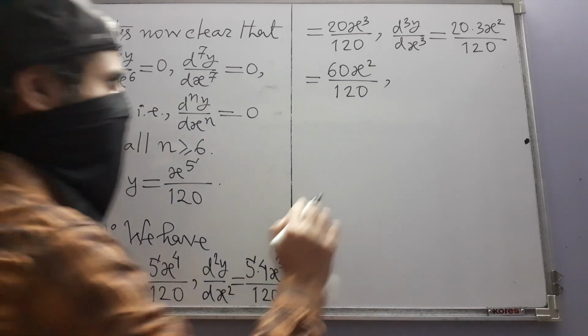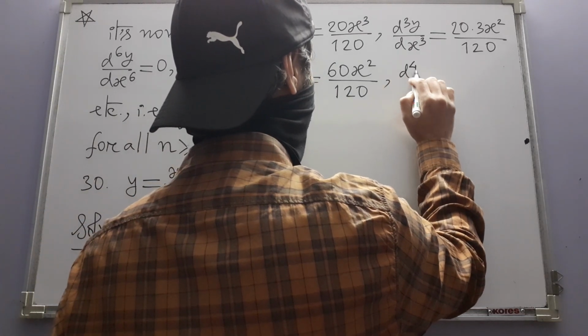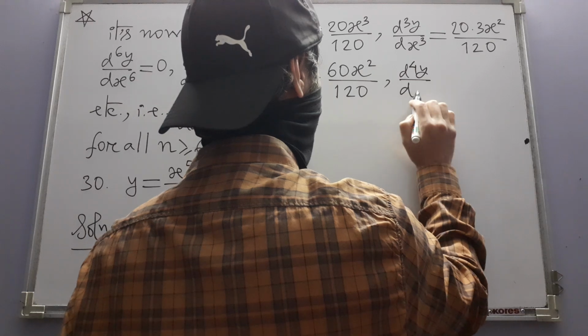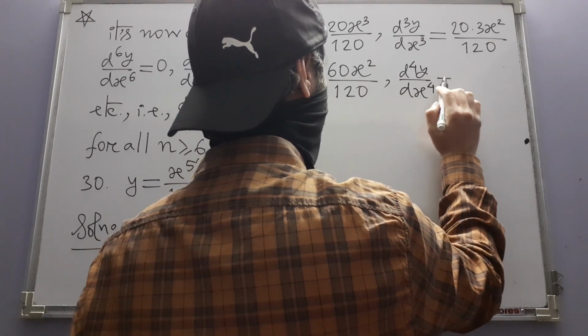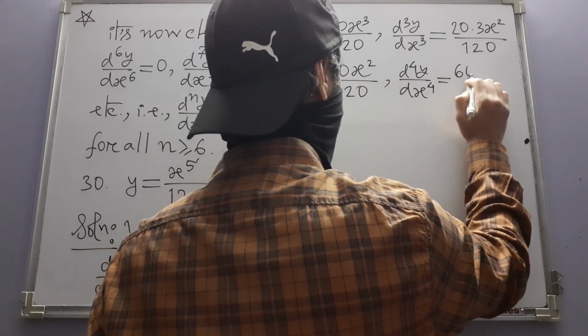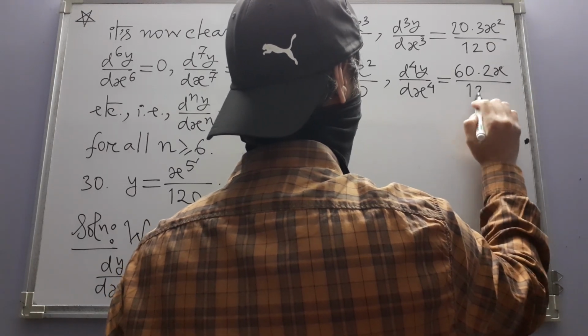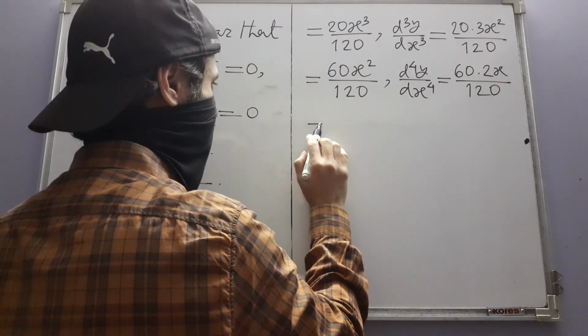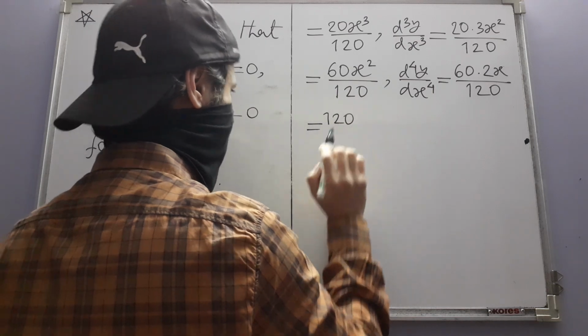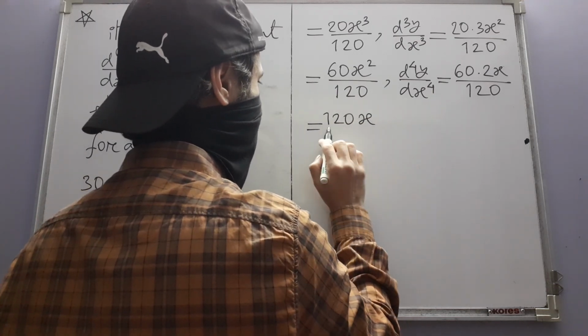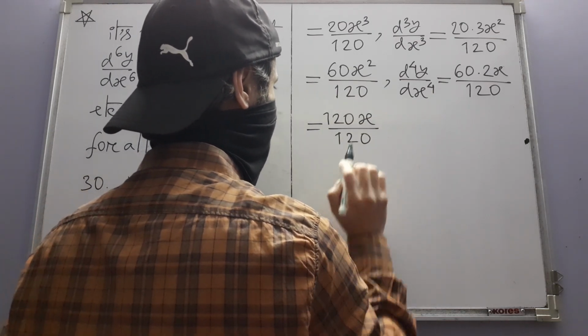Then the fourth one, 60 times 2x divided by 120. So we get 120 in the numerator.